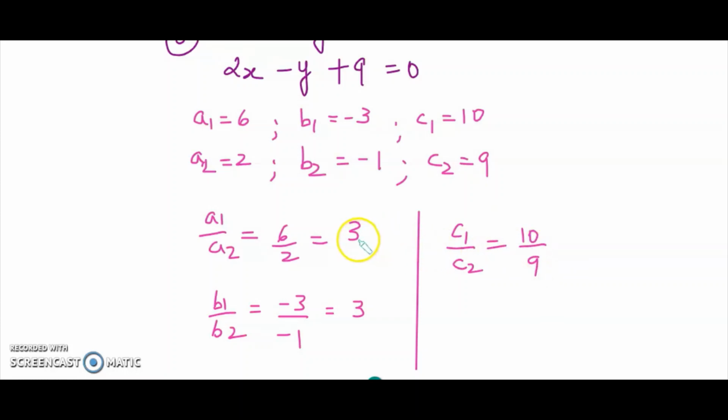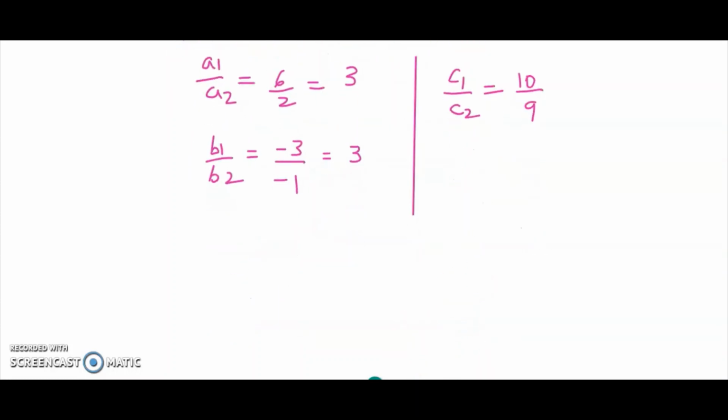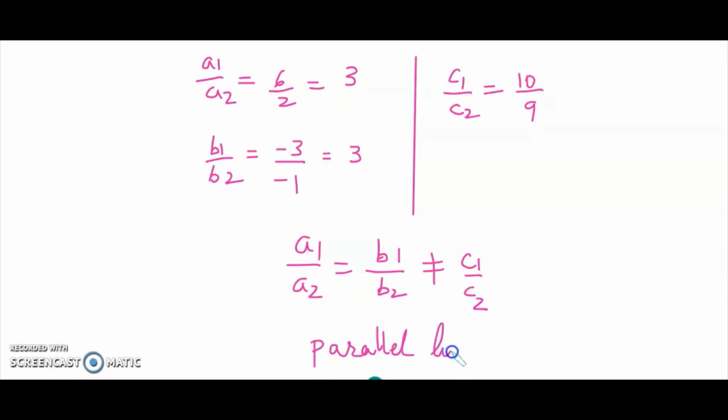Now clearly a1 by a2 is 3, b1 by b2 is 3, but c1 by c2 is 10 by 9. So the ratio of the x coefficients is equal to the ratio of the y coefficients, but not equal to c1 by c2. So they represent parallel lines.